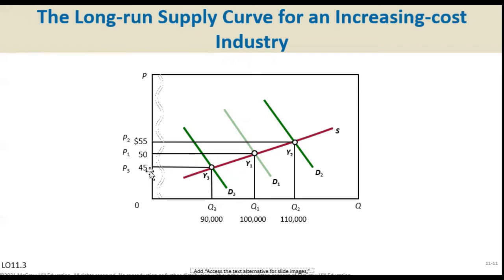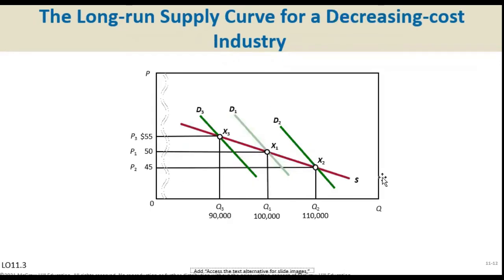So you see the positive correlation between the output and the unit cost or price. And that explains this upsloping shape of the long-run supply curve from S3, S1, and S2.